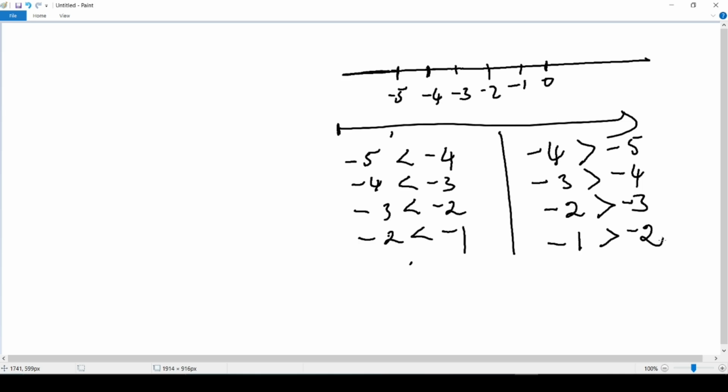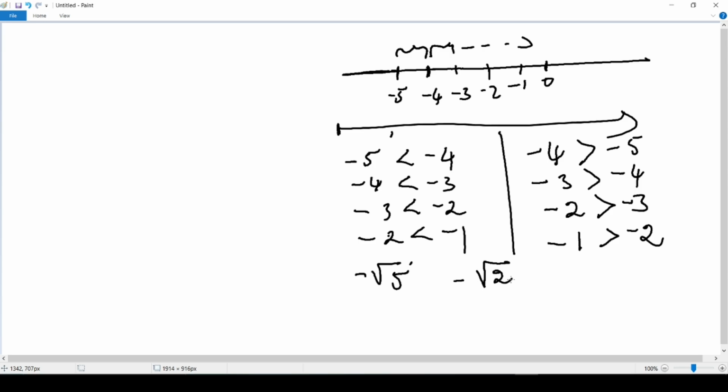Also, let's note that any number in between -5 and -4 is less than any number in between -4 and -3. Same thing for the rest. So if I say negative square root of 5 and negative square root of 2, right?